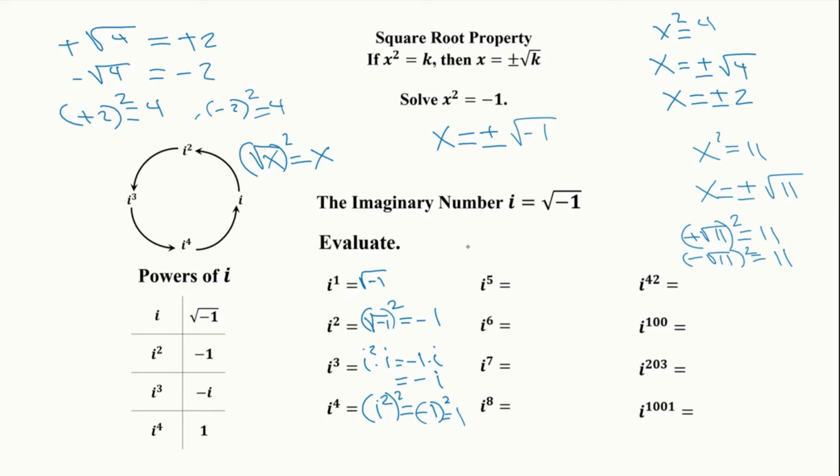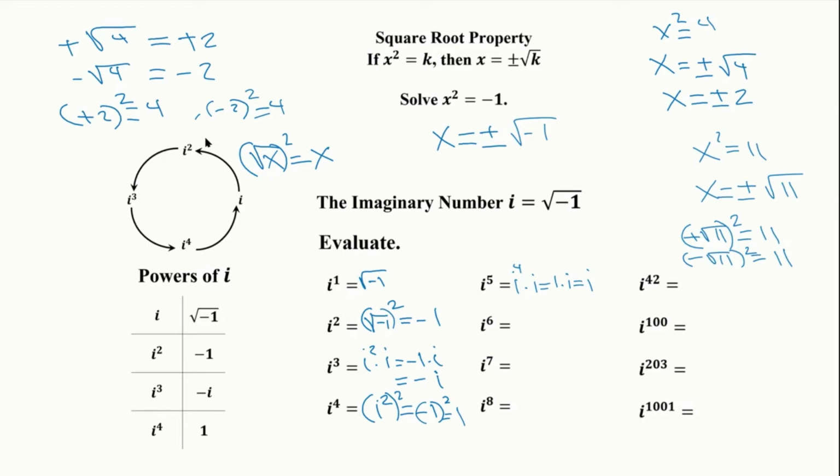I can think of that as i to the 4 times i, right? I know what i to the 4 is. That's 1. So that's 1 times i, which is just what? Back to i. That's why I have this graphic for you. You start with i, you go to i squared, you go to i cubed, and then i to the 4, and then once you go to the next power, that's back to i.